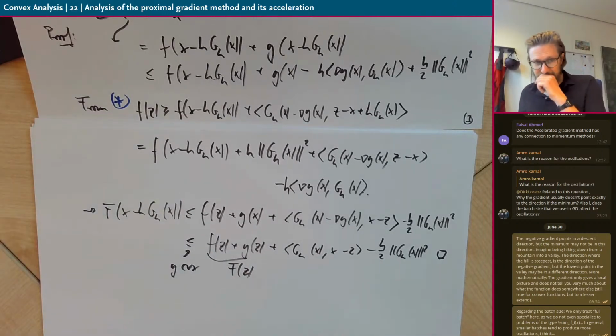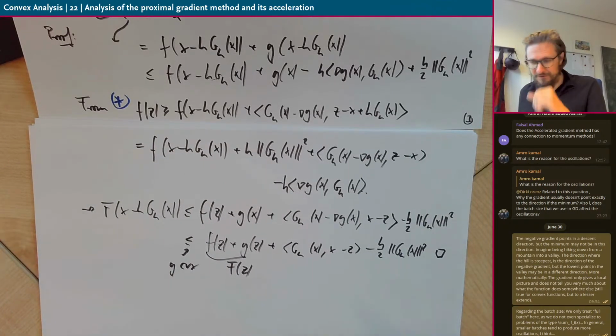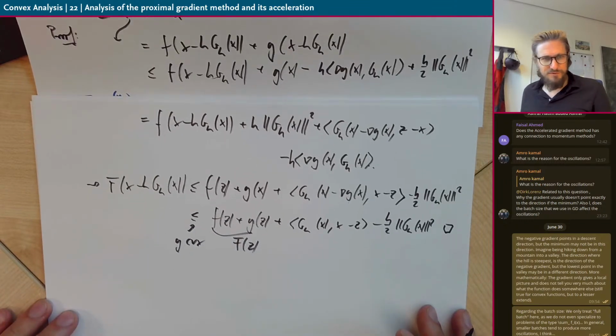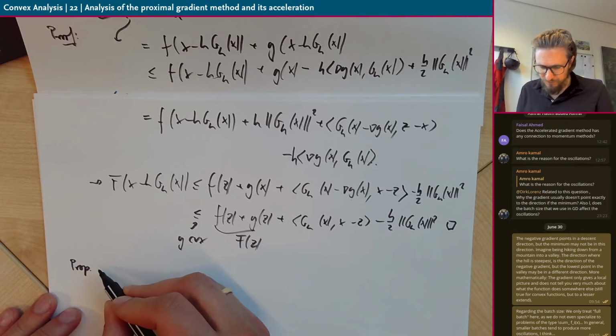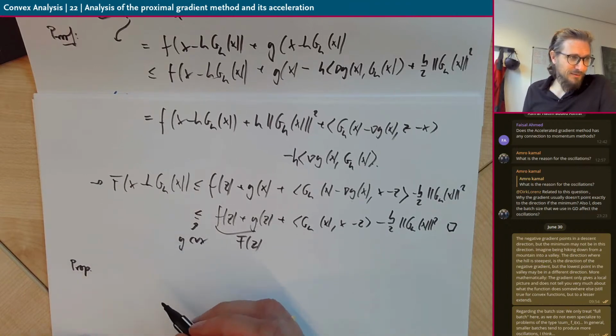So that inequality, I can't really see why this is good, but we'll see in the next proposition. This will be the result which will be really helpful in the convergence proof, because we're going to show a few inequalities which have been really helpful in the analysis of the gradient and accelerated gradient method.